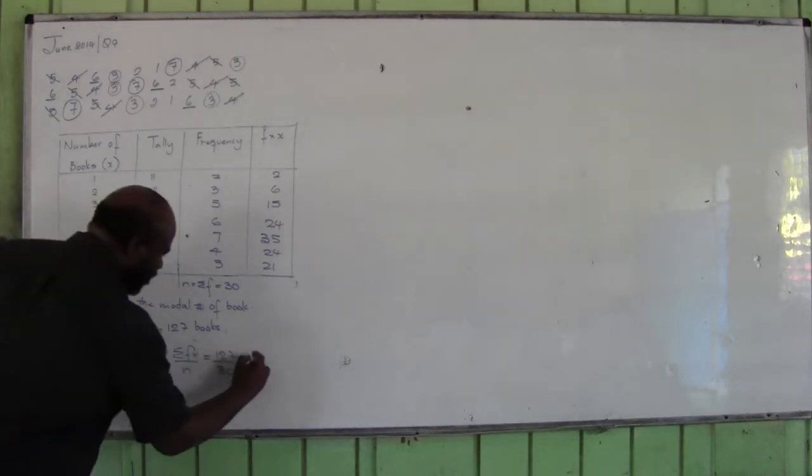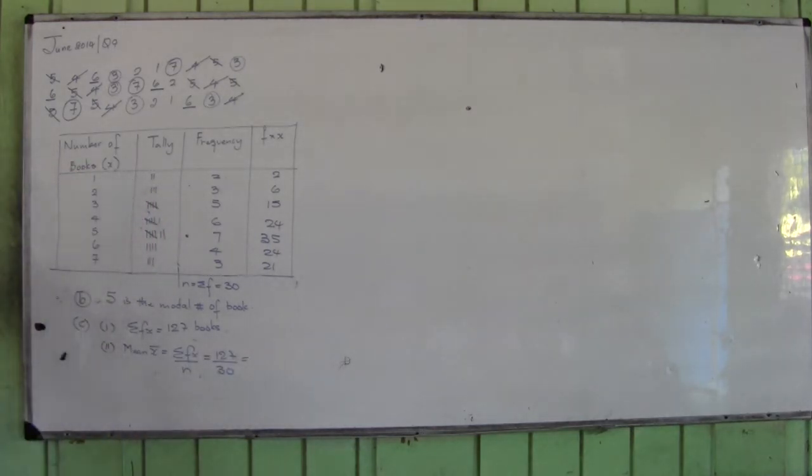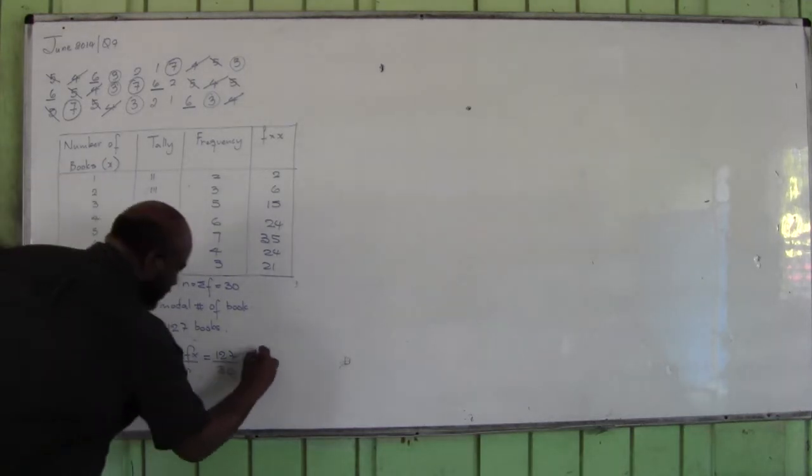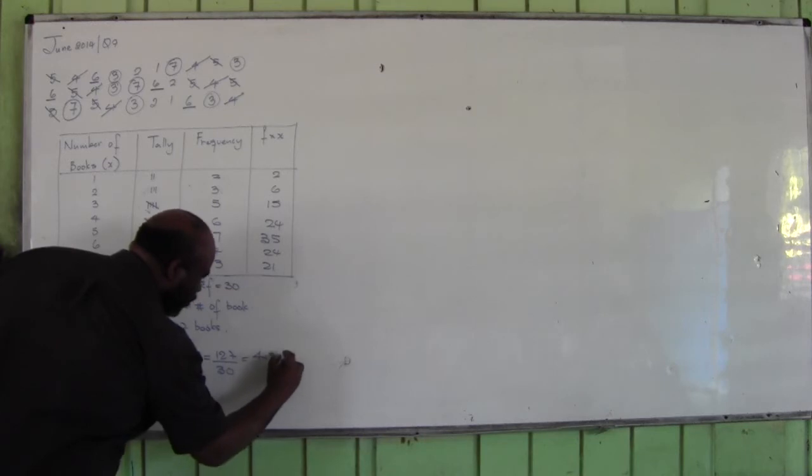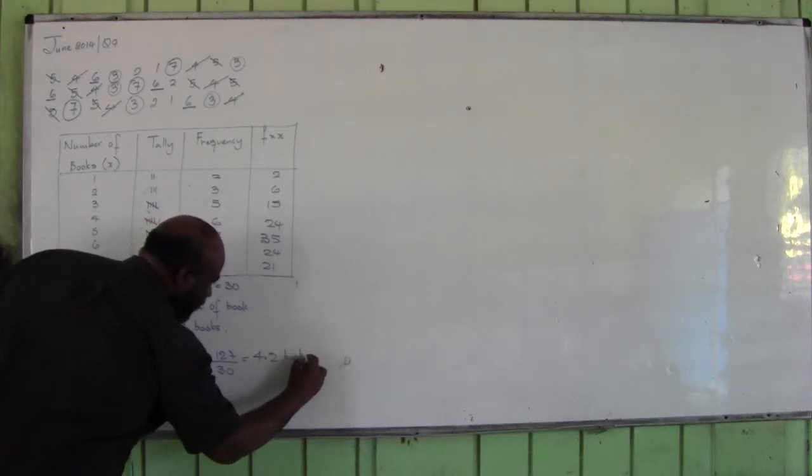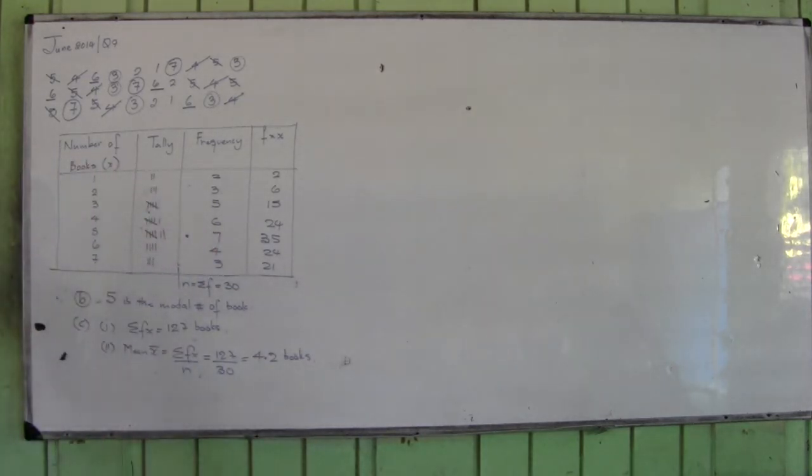What is 127 divided by 30? 4.22. This is 4.2 books. The average number of books per bag is 4.2. The average student had 4 books in his or her bag.